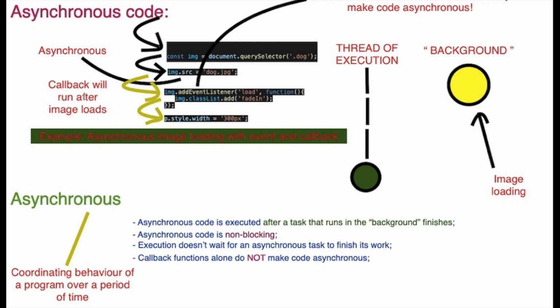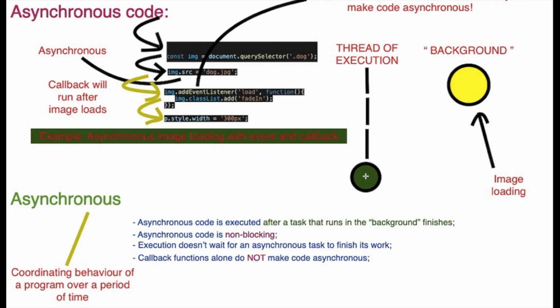So instead of blocking, execution moves on right to the next line immediately. Then once the image is completely loaded, it's displayed on the web page and the load event is emitted. And since we are listening for that event, our callback function is finally executed. So once more, we deferred an action to the future, making the code asynchronous and non-blocking.